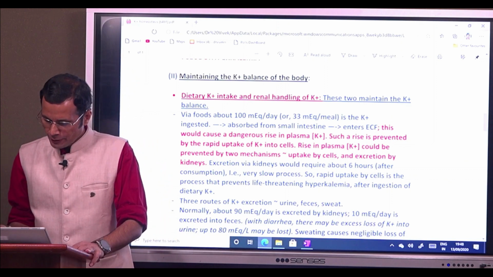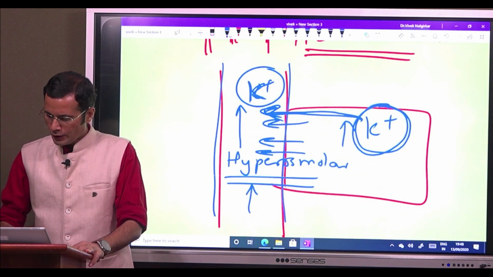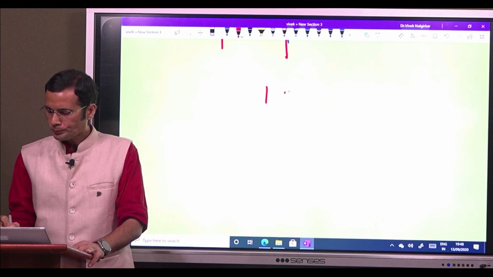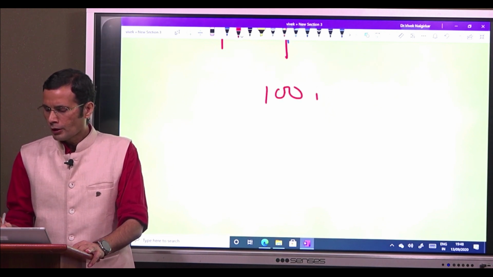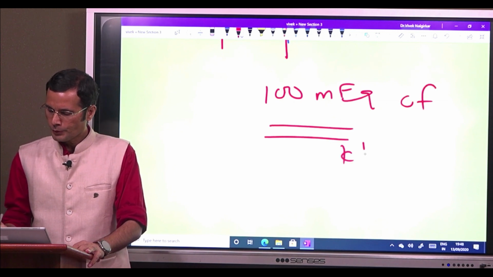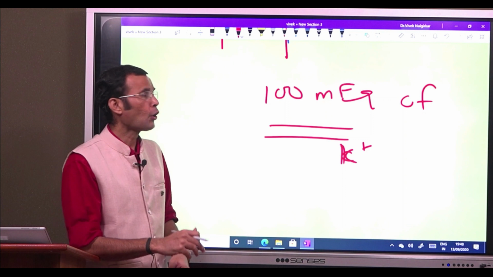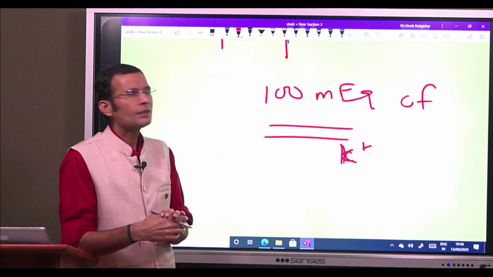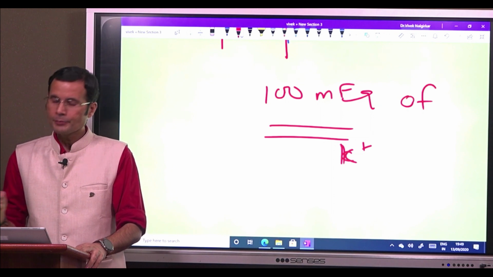So you see, we ingest about 100 milliequivalents of potassium per day in the diet, or thereabouts. It depends on how much potassium is there in the diet.